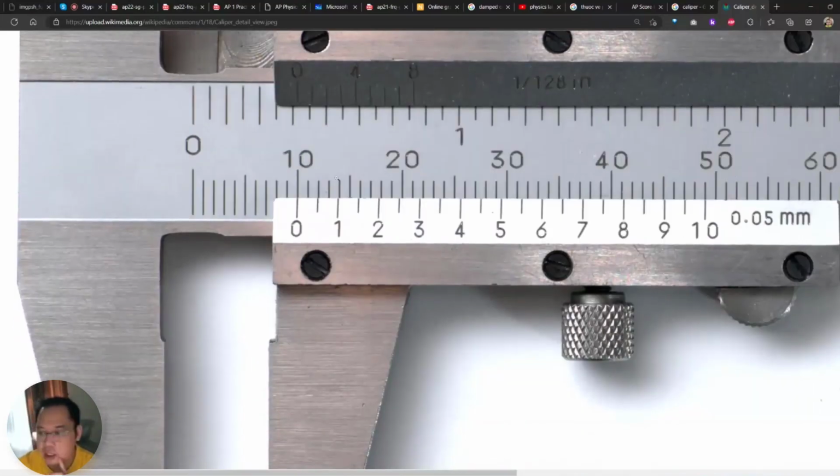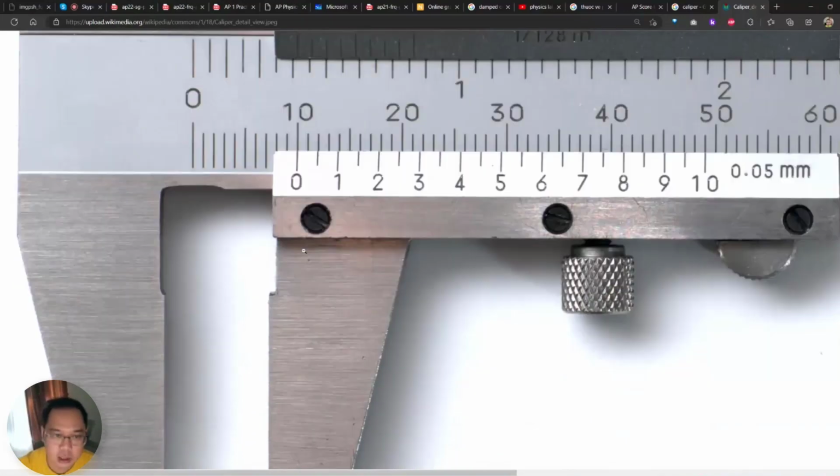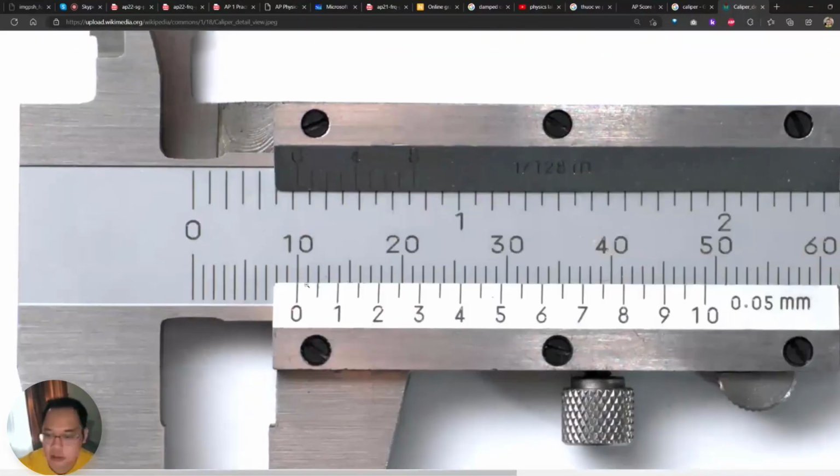This is 10 millimeter, which means 1 centimeter, and it is a little bit greater than 10 millimeter. For the next step, we need to find the two marks which are on the same line, like this one: the mark on the top here and the mark on the glider, the movable part here.